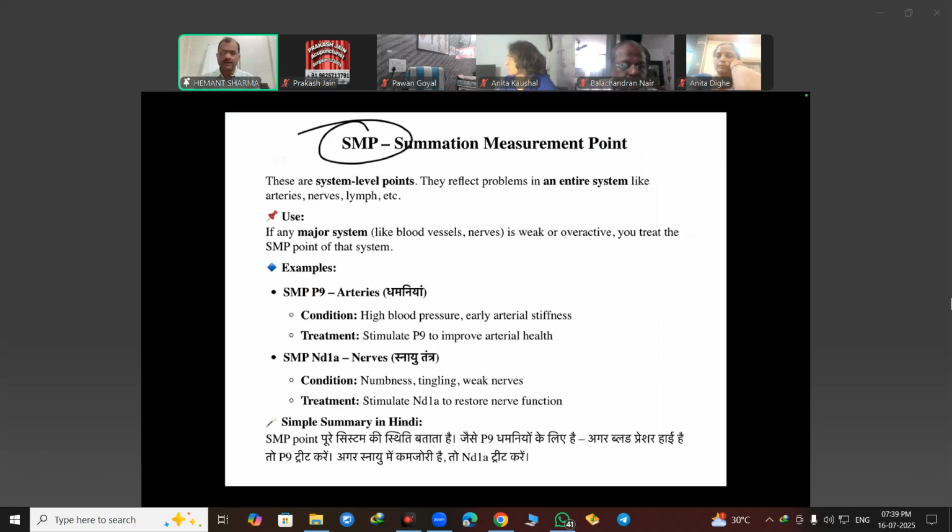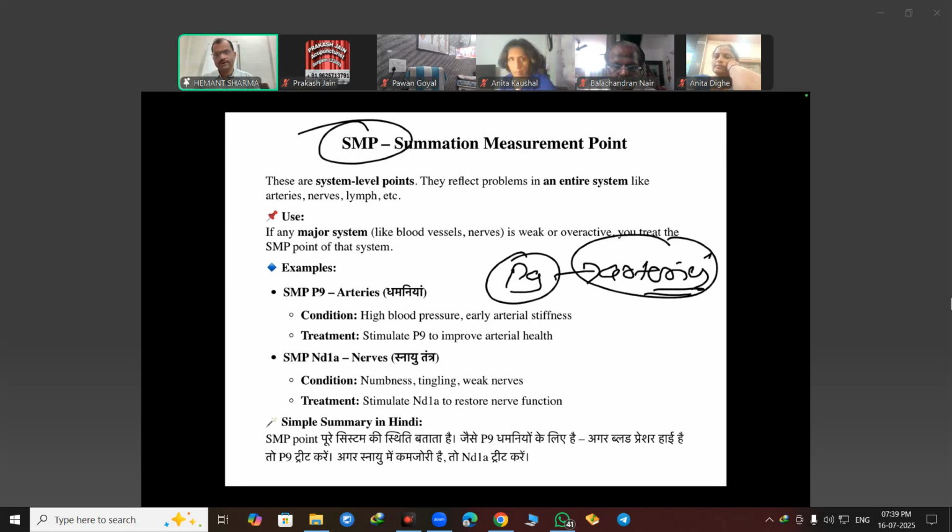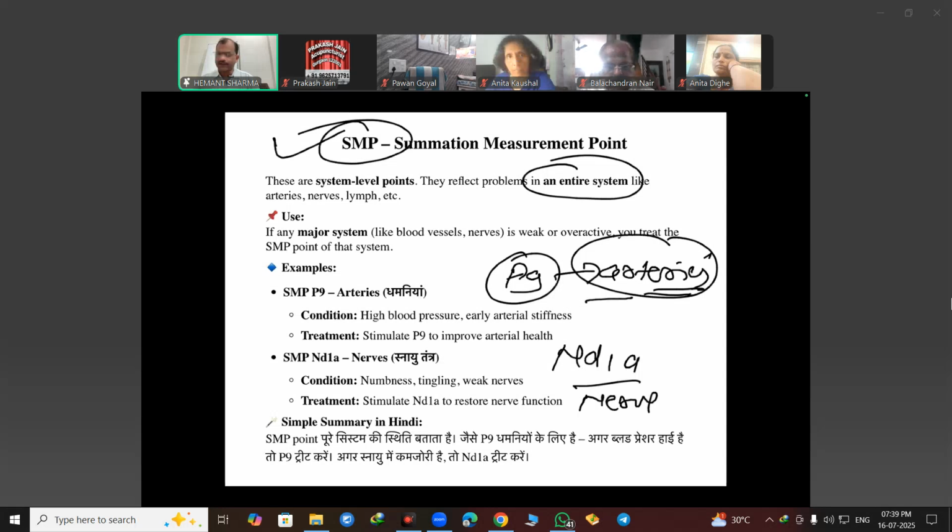We have discussed the SMP point. The pericardium line is very good for all the arteries, and ND1A is good for all the nerves. They are SMP points. SMP points work on the entire system, like P9 working on the arterial system and ND1 working on the nervous system.